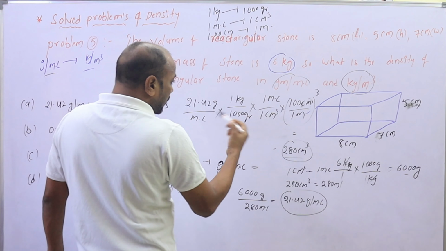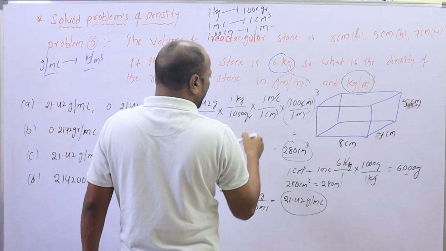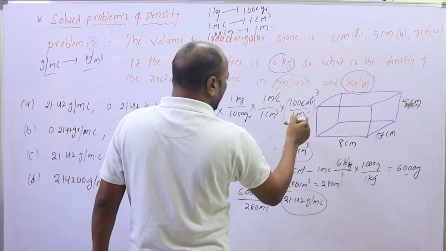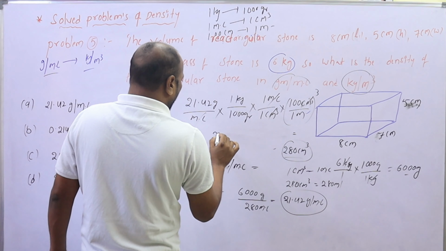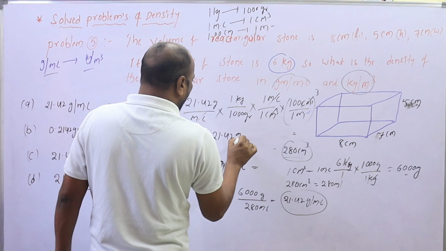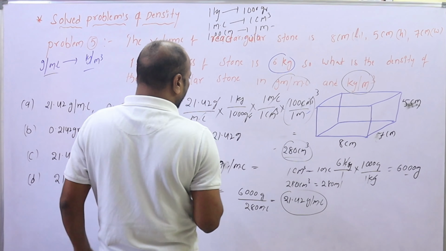So here milliliter and milliliter cancel, centimeter cube and centimeter cube cancel. The gram and gram cancel.